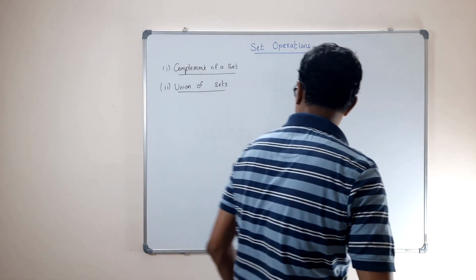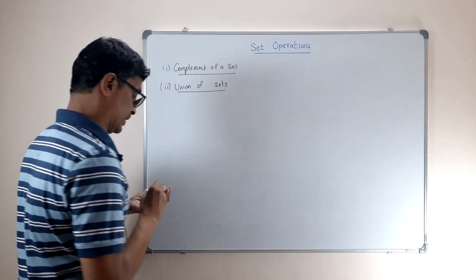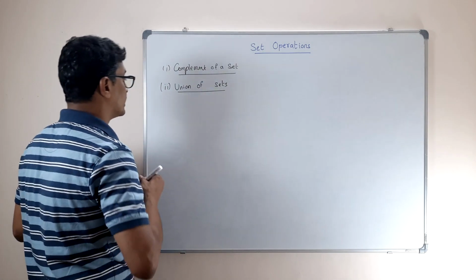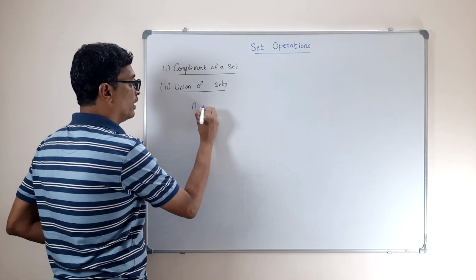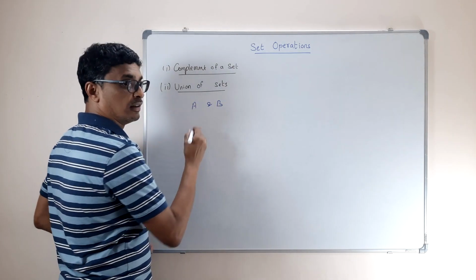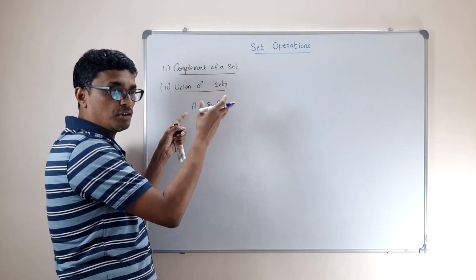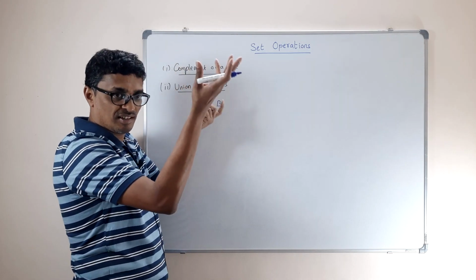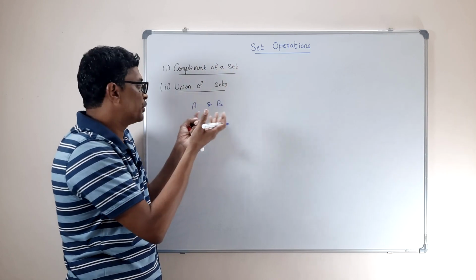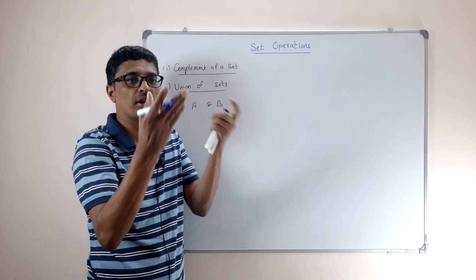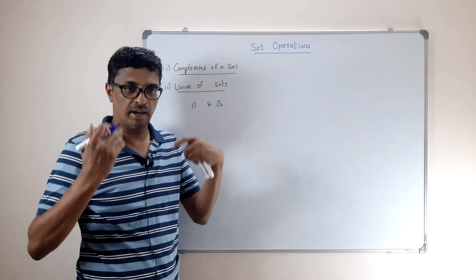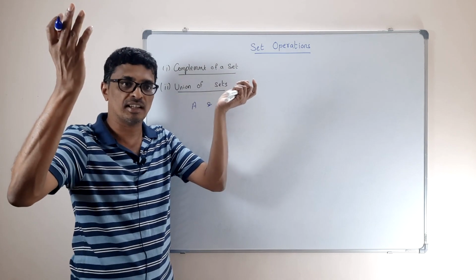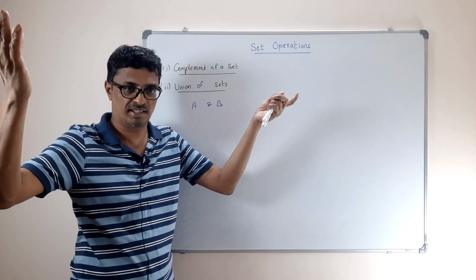Let us say, for example, you have 2 sets. Let the sets be A and B. They belong to some universal set. Suppose A is the alphabets in your name, and B is the alphabets in my name, then the universal set means all the English alphabets.